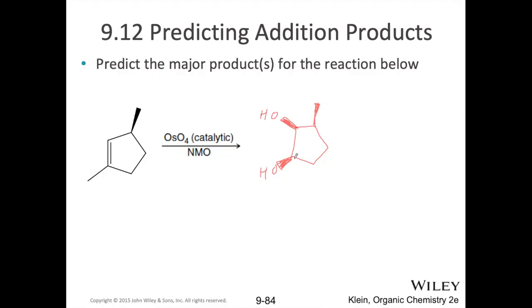Well, if the OH groups are sticking up, then this methyl group's pointing downwards. Now, of course, we could also have added those OH groups from the bottom of the molecule. So that's sticking downwards, and that's sticking downwards, which of course then means that our methyl group's pointing upwards. Okay, so that's how we would approach a problem like that.